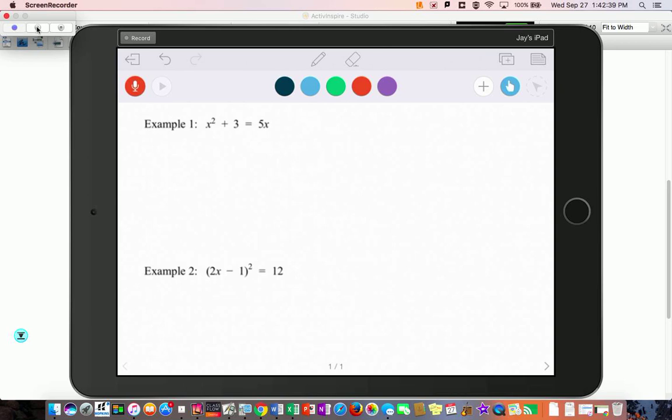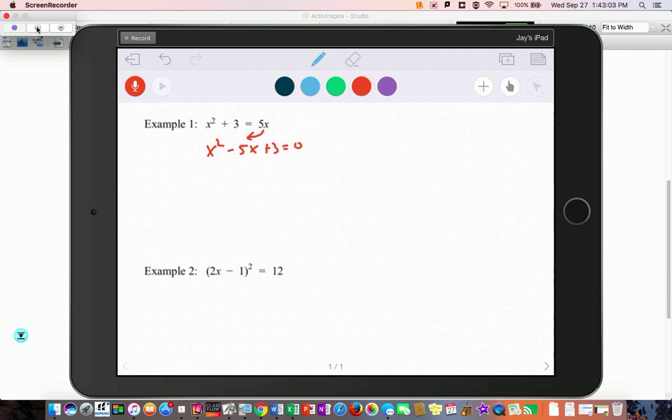Now we get back into some quadratics and polynomials, and so you're just going to see some techniques. So follow along. In the first one, we're dealing with a quadratic. We want a quadratic set equal to 0, so bring the 5x over as a negative, so it's x squared minus 5x plus 3. 2 numbers that multiply to give you 3 are 1 and 3, but they can't add up to 5.